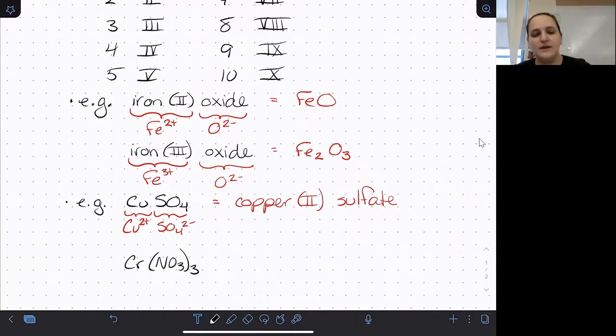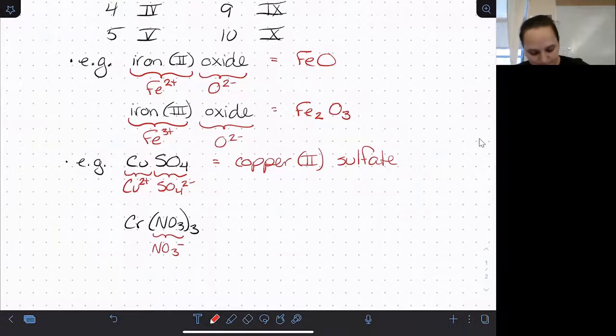Cr(NO3)3. So take a moment, pause here, and give this one a try on your own. So once again, we have a polyatomic ion involved that we're going to need to go look up. So we have the nitrate ion here, which has a -1 charge on it, but we have 3 of them.